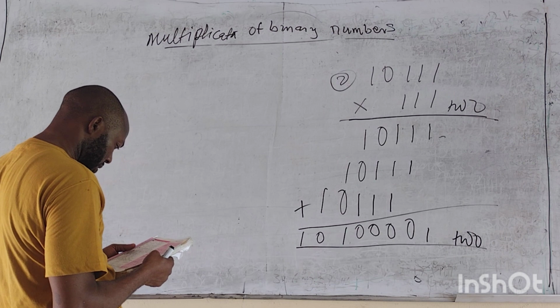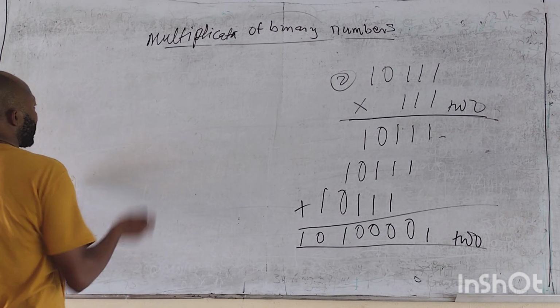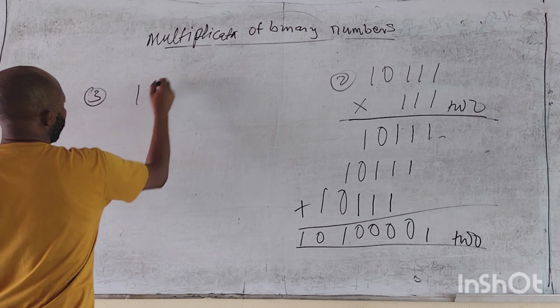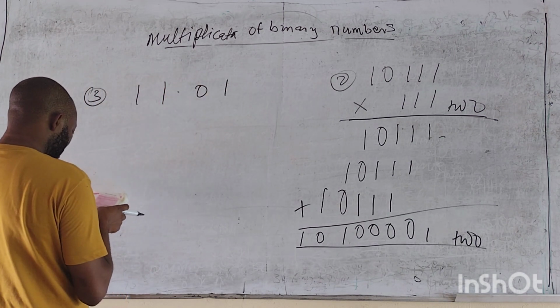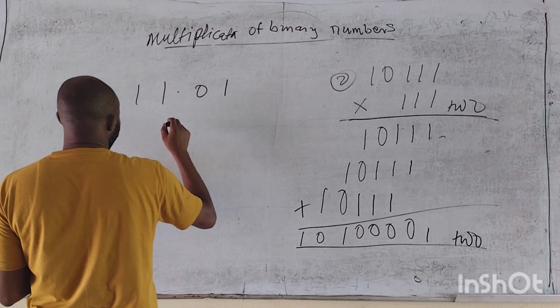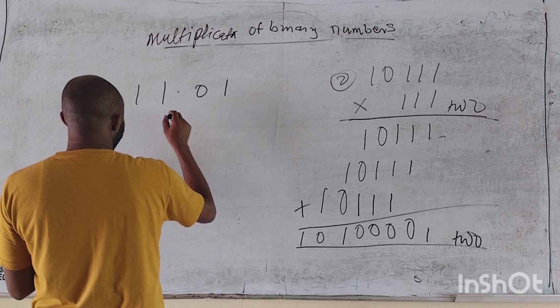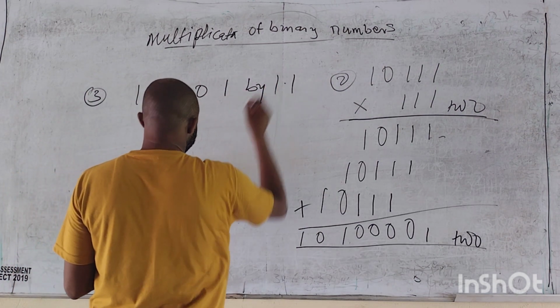Where did I see that? Okay, example 3: 11.01. Let's see, we should multiply that with 1.1. So multiply this by 1.1.